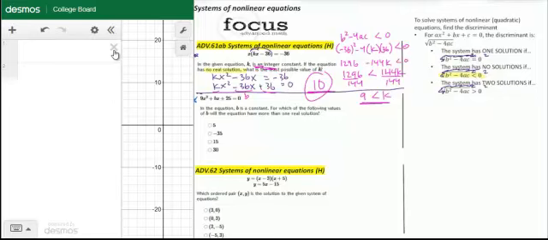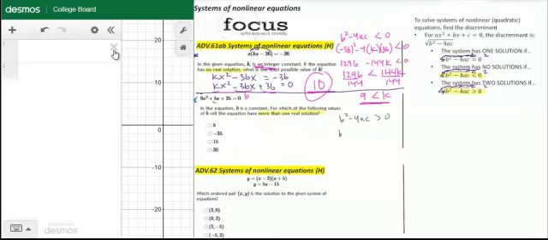But if we're solving this by hand, we're told which of the equations will have more than one real solution. So now we will set the discriminant greater than 0. We have it already written in that form, so b squared minus 4ac is greater than 0.